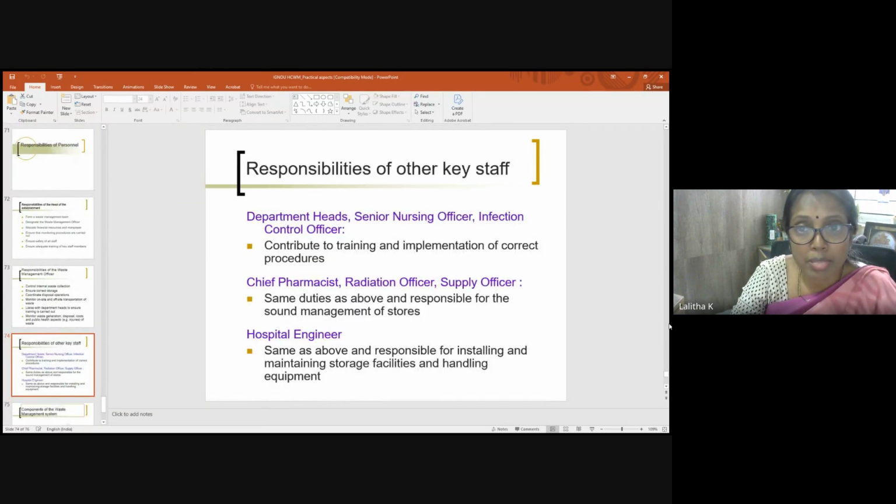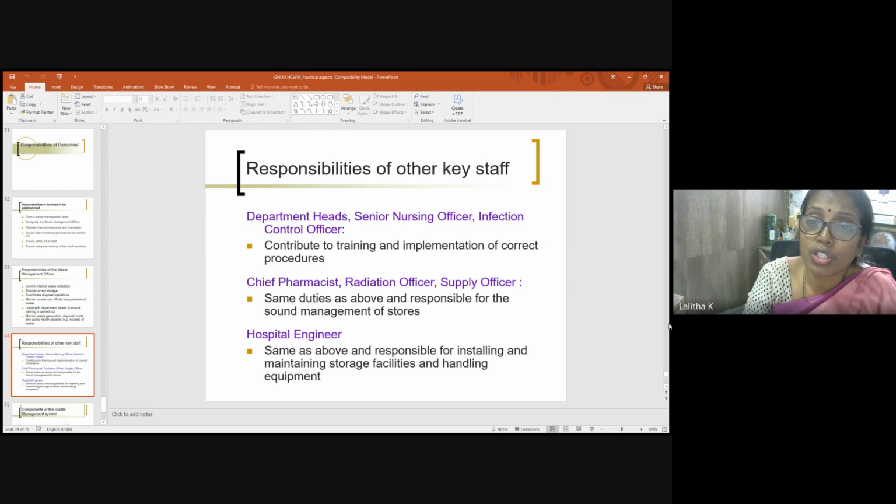What is the role and responsibility of other officers? Senior nursing officer, infection control, they can contribute by training and implementation of correct procedures. Nurses especially play a very important role, I feel, in biomedical waste because they are on site and they can keep a watch on the nurses, doctors, or the class 4 employees, everyone. They can direct them to do it properly.